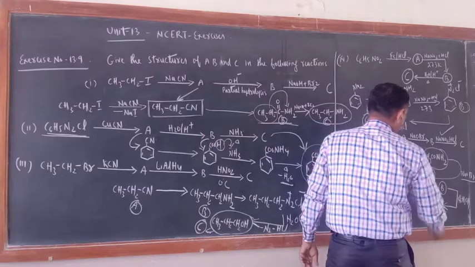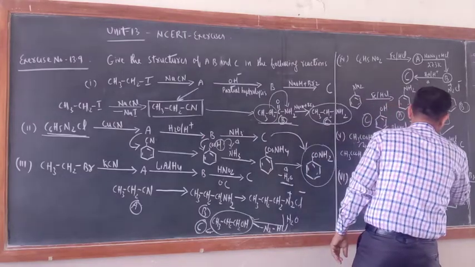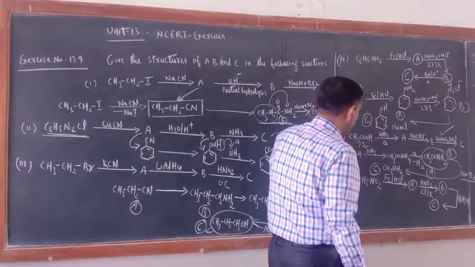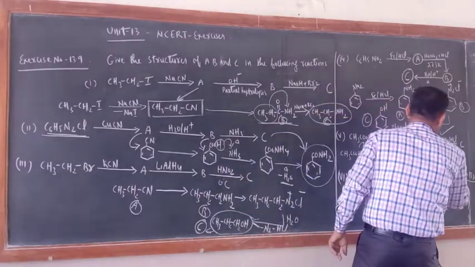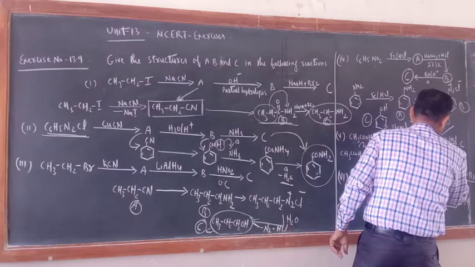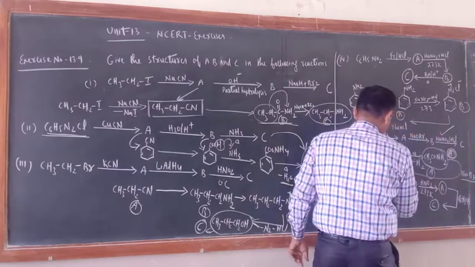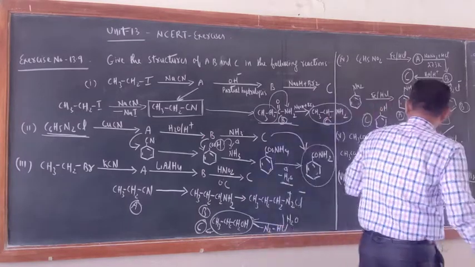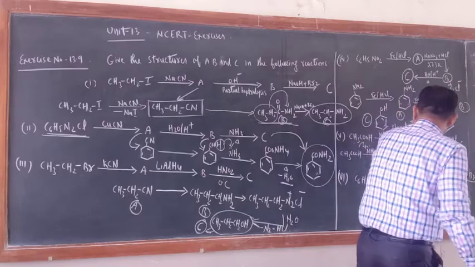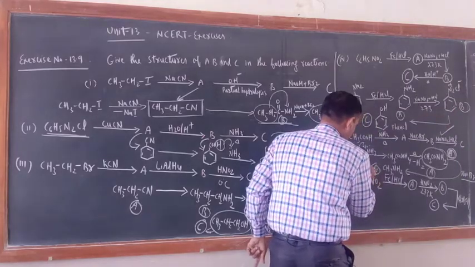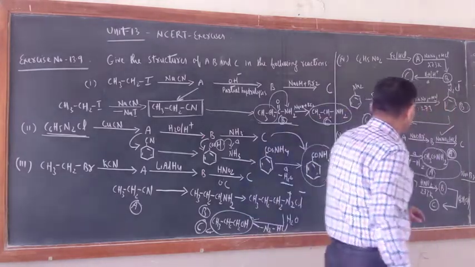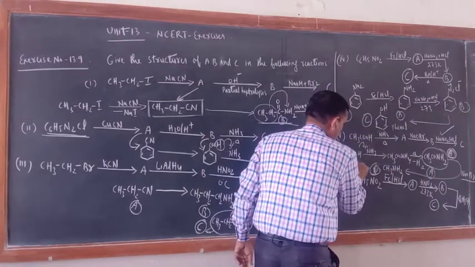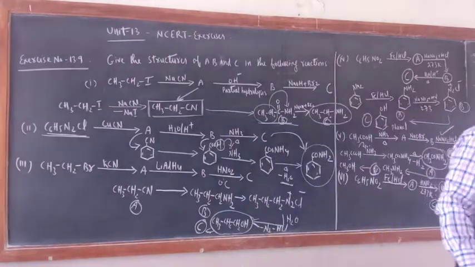And this is B. Sorry, this is A, and this is B. And now subject it to NaNO2 and HCl. So what would be the product? The product would be CH3OH.